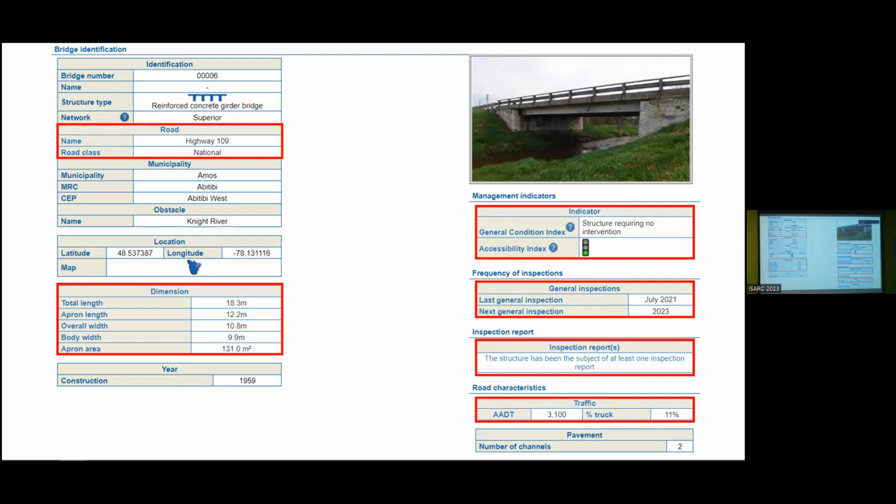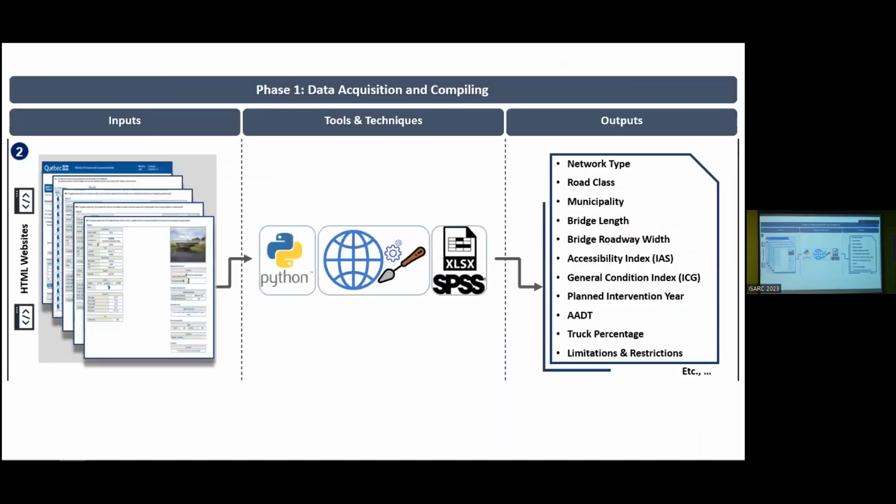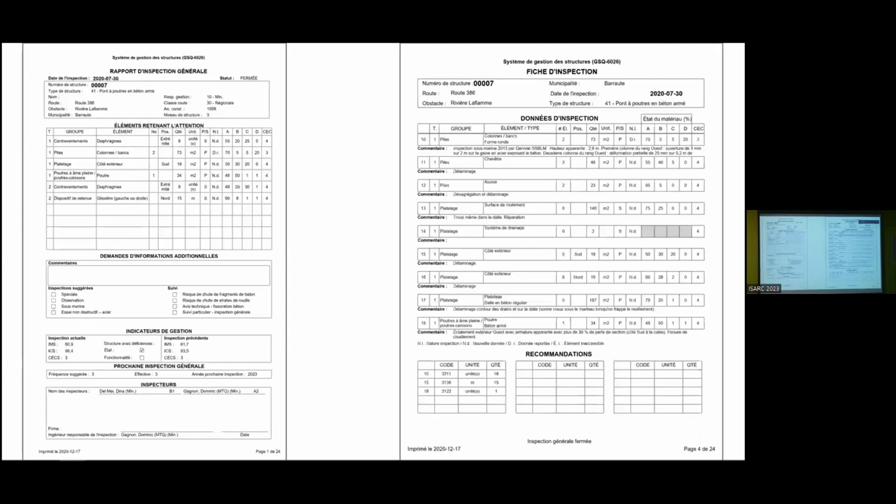This information, as we can see, is available separately for each structure, which requires web scraping to be collected correctly and most importantly in a timely manner. So web scraping using Python was applied and the collected data were cleansed, prepared, and added to the main data repository.